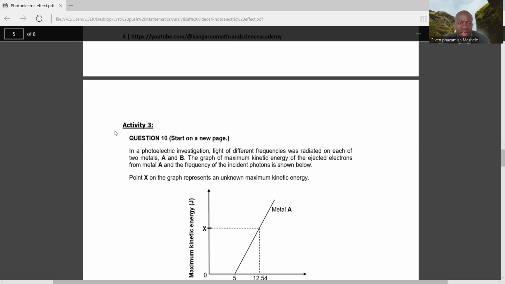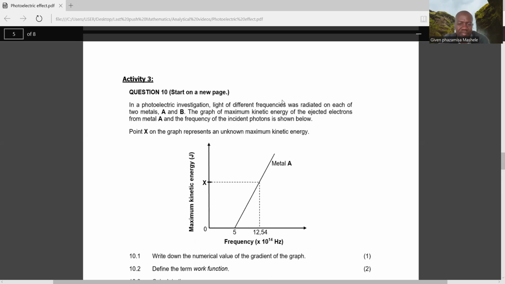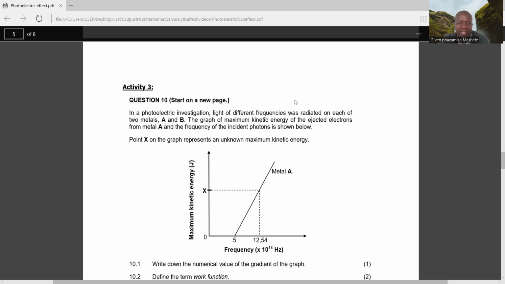This has to do with graphs. All right, let's now look at this. It says in the photoelectric equation, light of different frequencies was radiated on two metals.